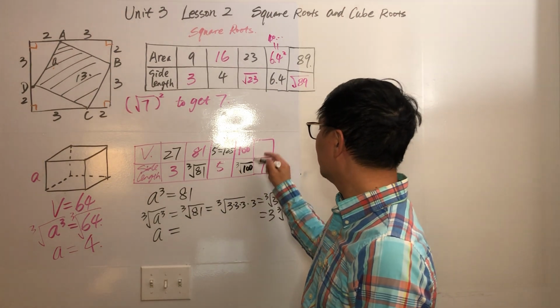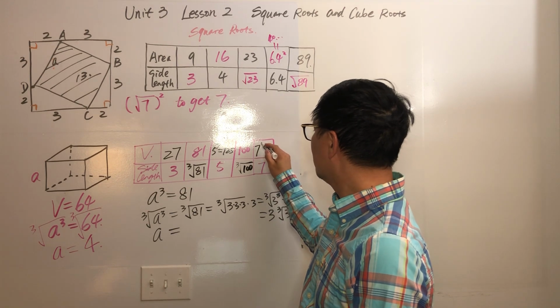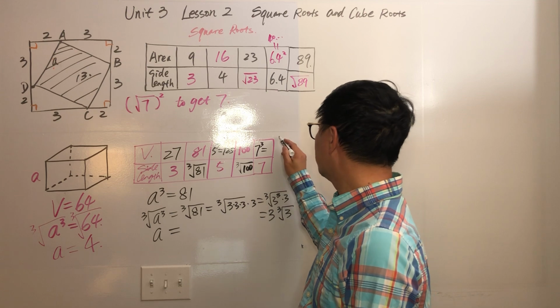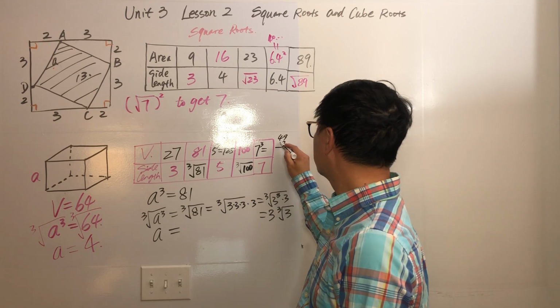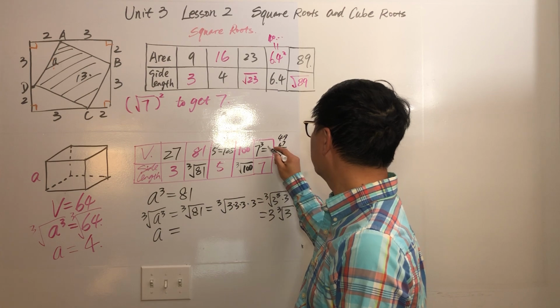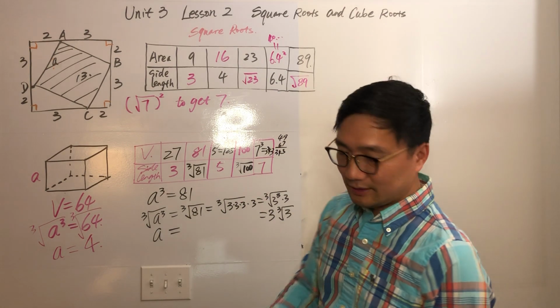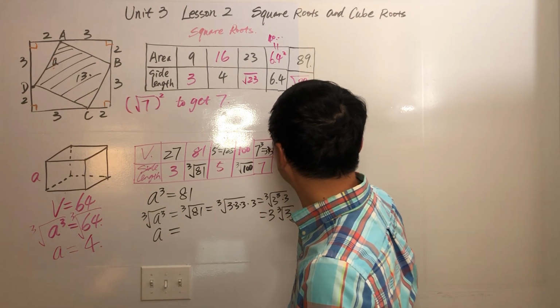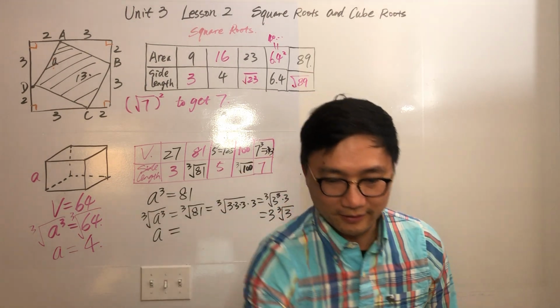And 7 to the third power is 49 times 7, which is 343. Okay, so that is how we can find the cube volume from the side length.